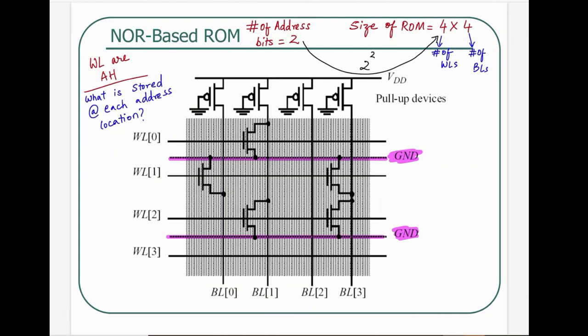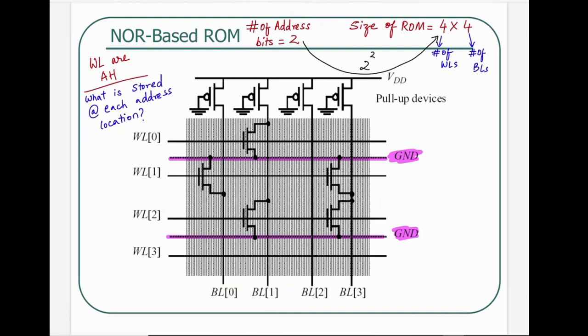If the number of address bits are 2, then how many different address locations will I have? 4. Absolutely right. In every one of those 4 locations, it is going to be one word line being active at that particular point, right?